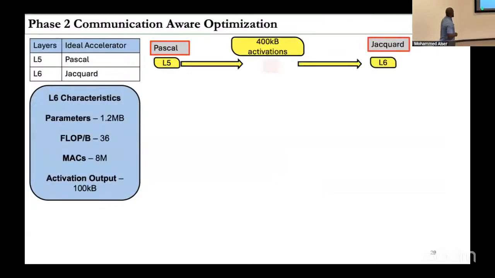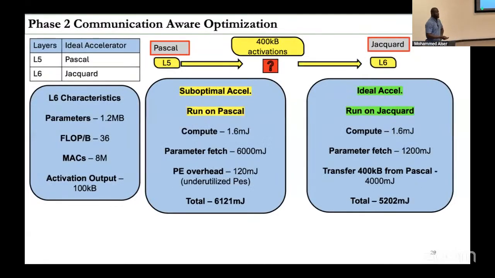Next, so when does it switch? Same scenario here. So you have layer 5 runs on Pascal. Layer 6, the perfect accelerator for layer 6 is Jacquard. And so if you do the cost analysis, this is the characteristics of layer 6. You see here, to run it on Pascal will cost 1.6 millijoules.